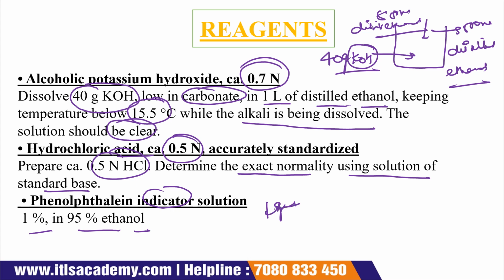Suppose that we have a liquid phenolphthalein, then we take 5 ml of this phenolphthalein, and it should be dissolved into 95 ml of ethanol, to make 1% in 95% ethanol.